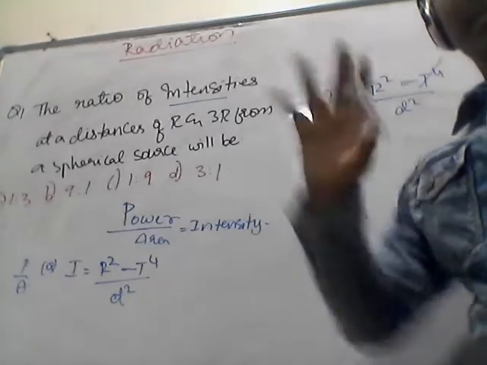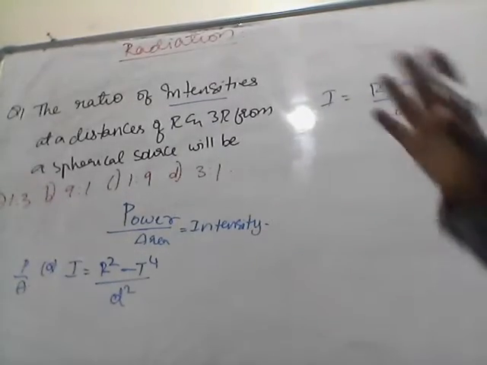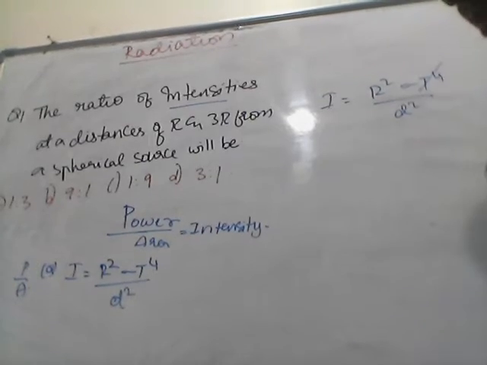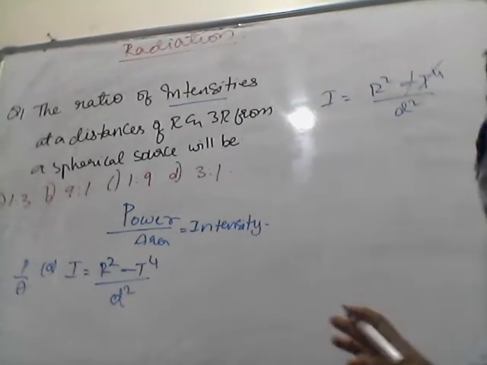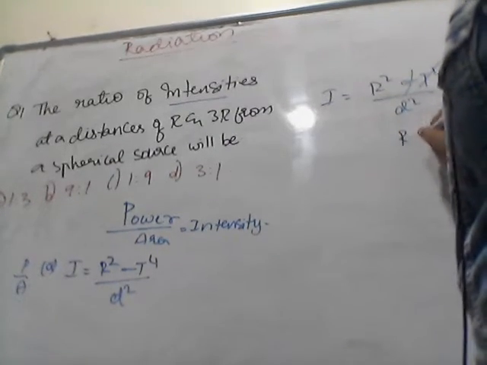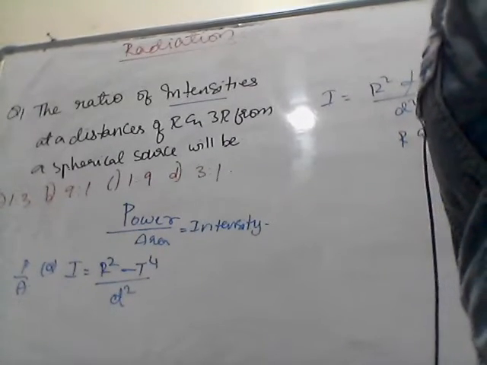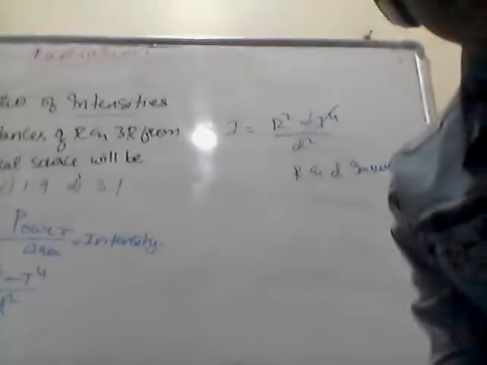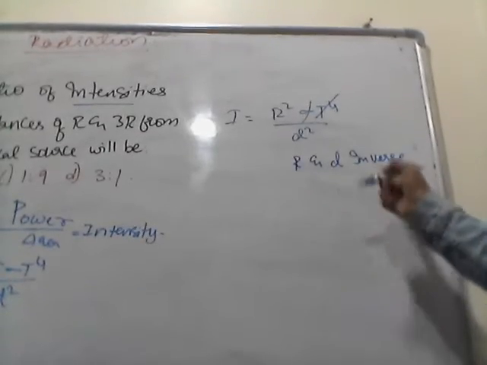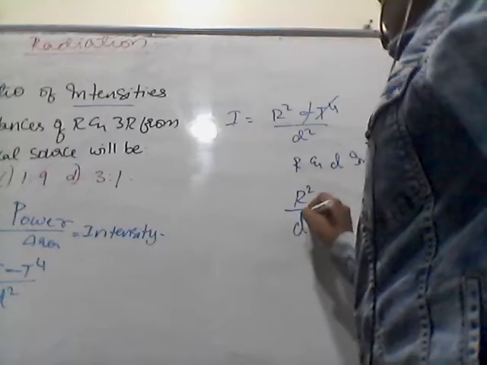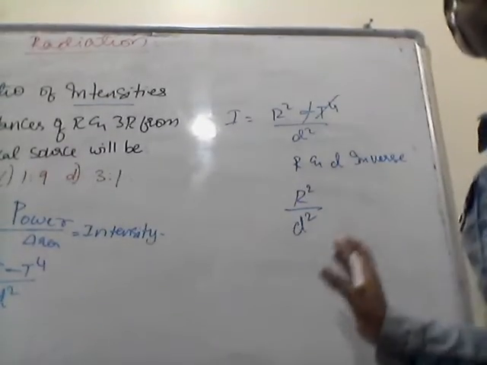They didn't give anything about this temperature, so I'm ignoring it for a while, and sigma is constant. Here can I say that radius and distance share inverse proportion? So what I am left with is r square by d square. This is the relation that we got at last.